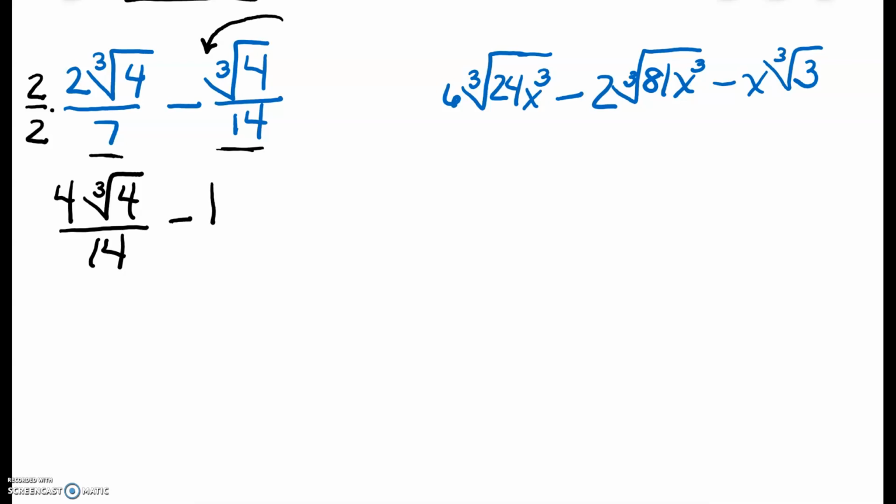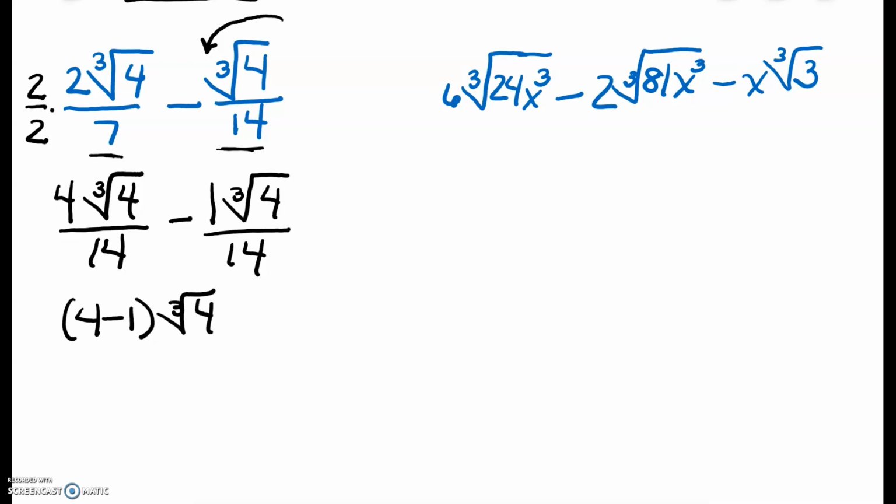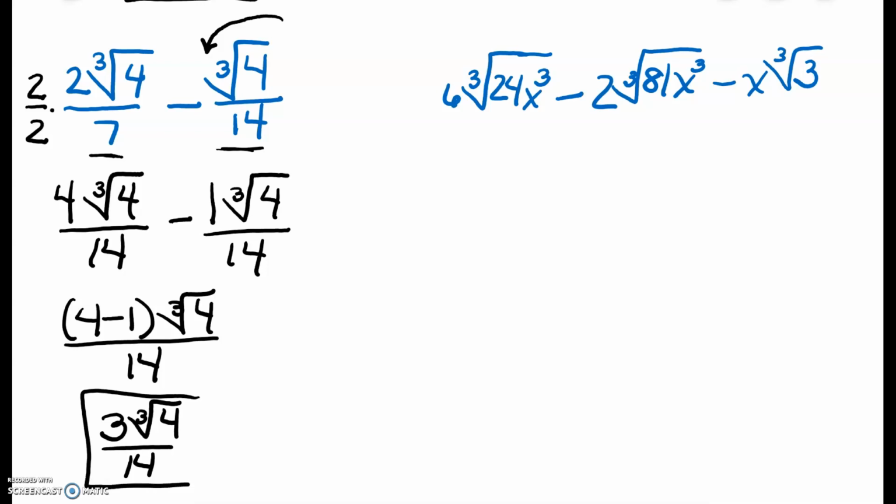So for the second fraction, I have 1 cube root of 4 over 14. So when I subtract these two like radicals, I have 4 minus 1 cube root of 4 over 14, which is 3 cube root of 4 over 14.